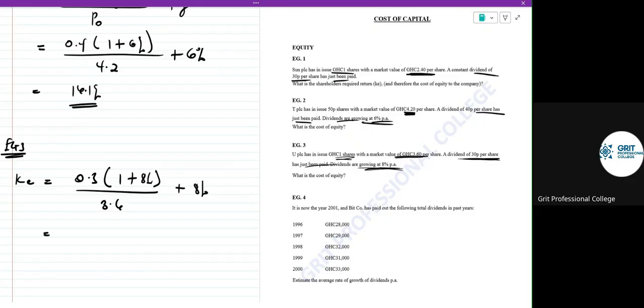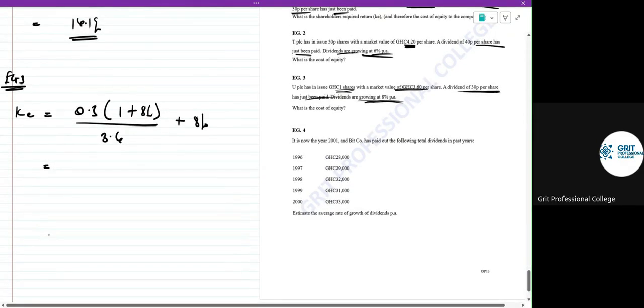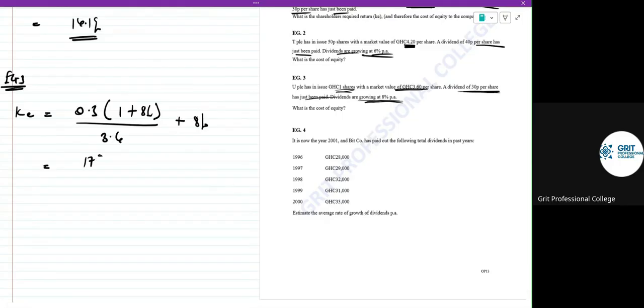And that'll give us a cost of equity of 17%. All right, so with the first 3 examples, it's very straightforward.